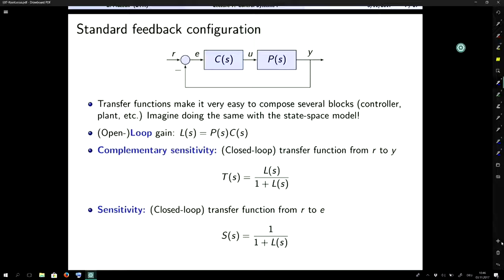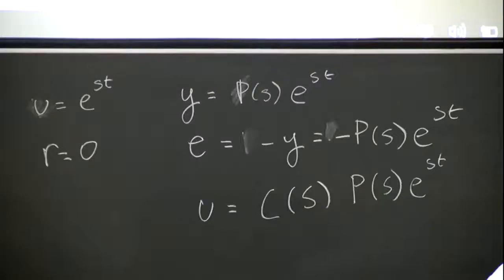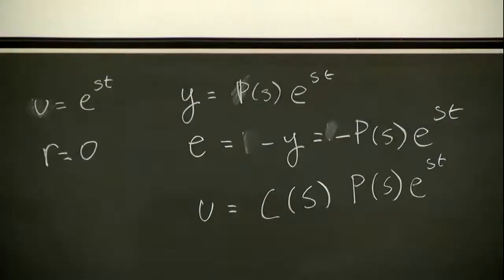So U will be C of S times P of S e to the power st. So essentially what you see here is that you can just multiply the transfer functions of blocks that are next to one another. We can bring back the slide. Thank you.